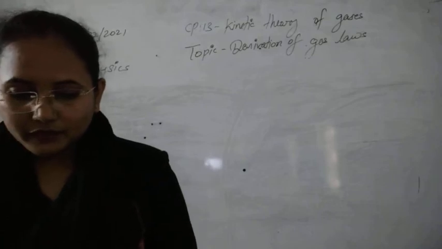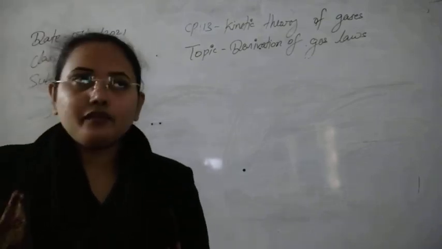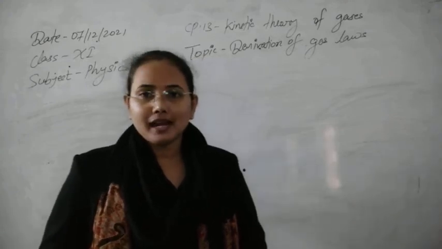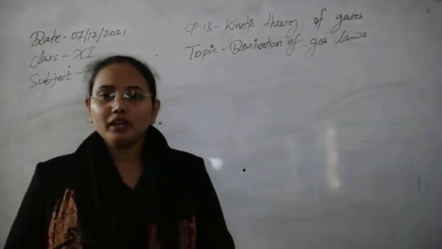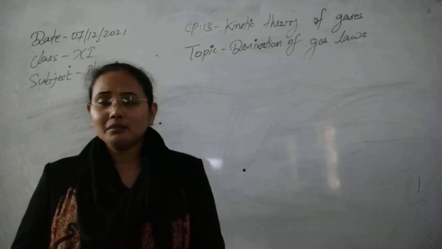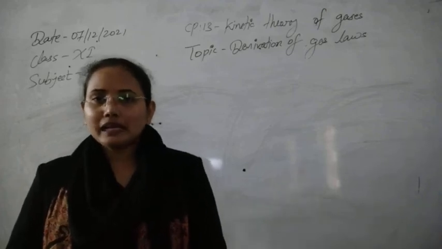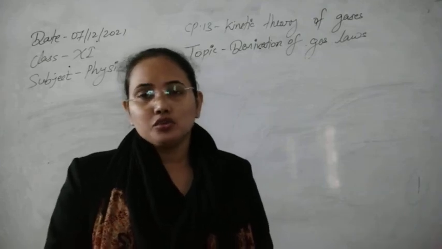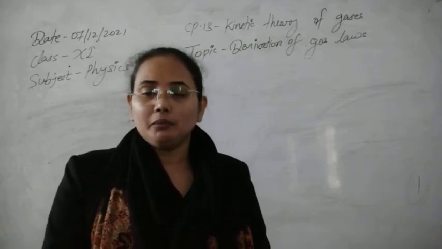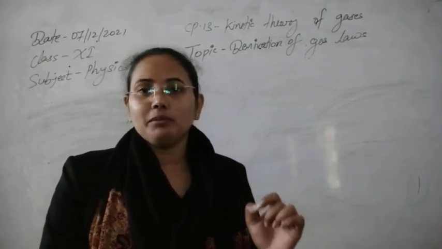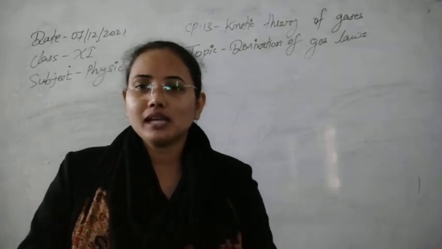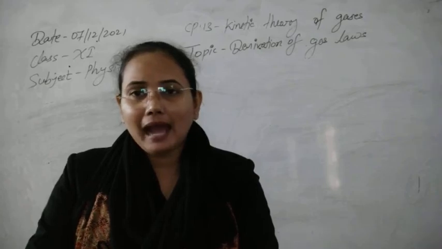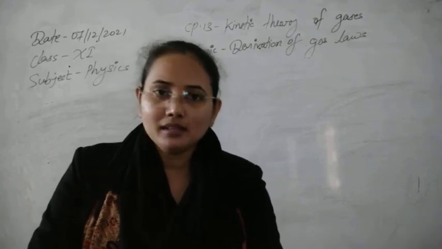Degrees of freedom: as you know, to specify or to understand any molecule, any particle, any atom, we need at least 3 coordinates because space is 3-dimensional. So for the position of the particle, if we want to know it, we need at least 3 coordinates x, y and z.